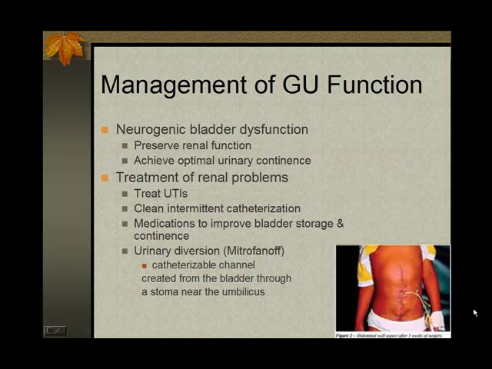Treatment of renal problems, treating UTIs, because they can't really void fully and empty their bladder, and they're going to be at risk for UTIs. Most of them will need to do clean intermittent catheterization, so we're going to teach the family to catheterize them.